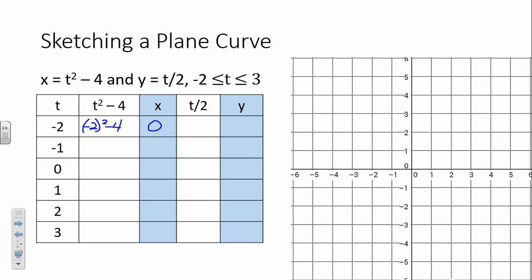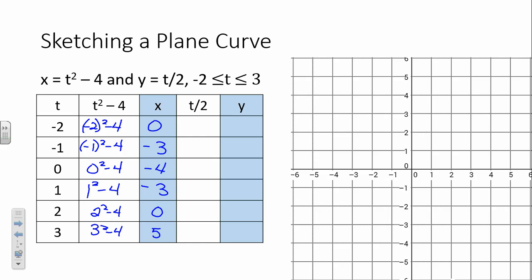Now we plug -1 in: -1 squared minus 4 gets us -3, and 0 squared minus 4 gets us -4, and when we plug in 1 squared minus 4, we get -3 again, and then 2 squared minus 4 gives 0, and 3 squared minus 4 gives 5. Those are the x values that we eventually plot.